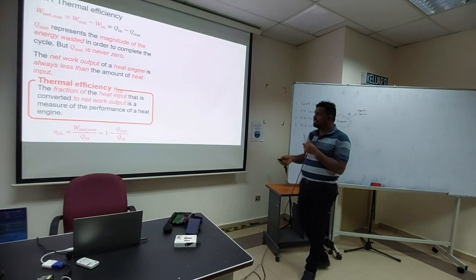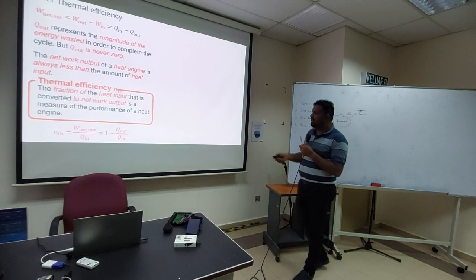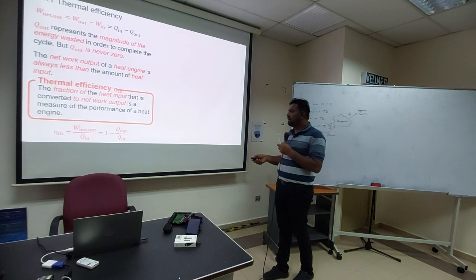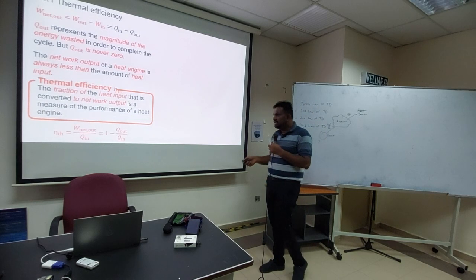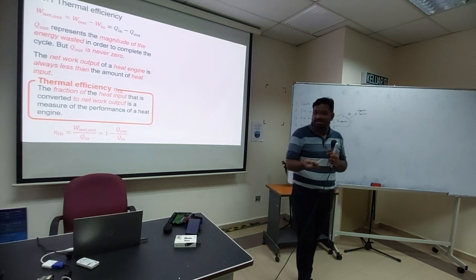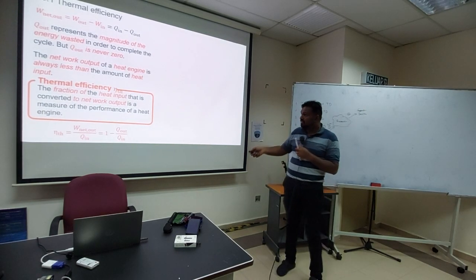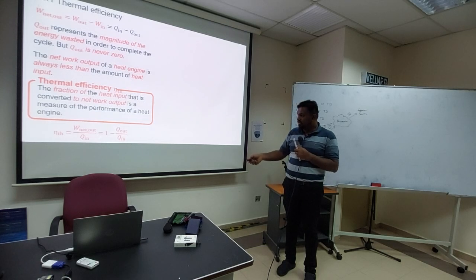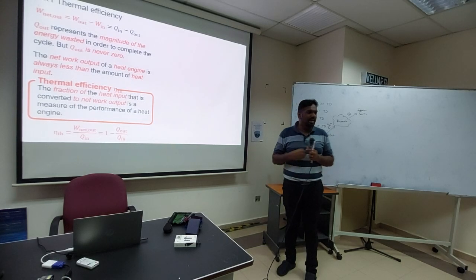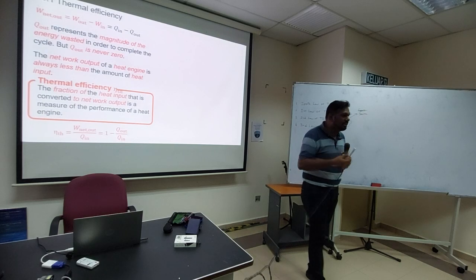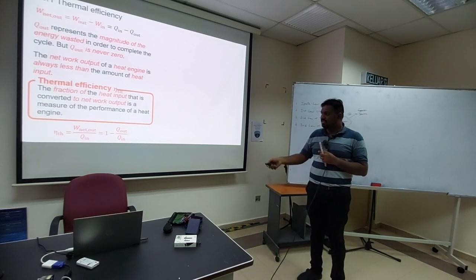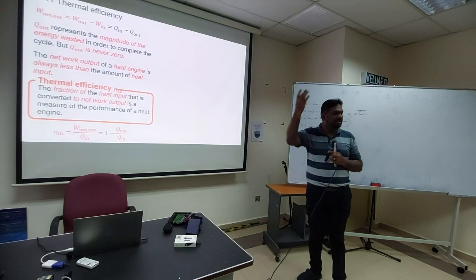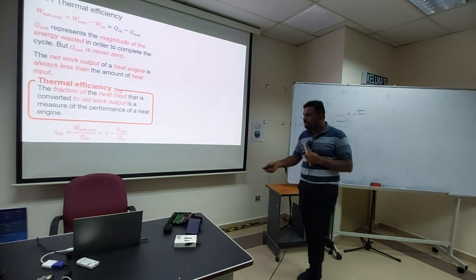Thermal efficiency is the fraction of the heat input that is converted into net work output, and it is a measure of the performance of a heat engine. So let's say you have a heat engine and you want to find the efficiency, you need to use this formula. Like we have seen in chapter 3, last part, all these formulas are already derived by engineers, so we just need to use them.